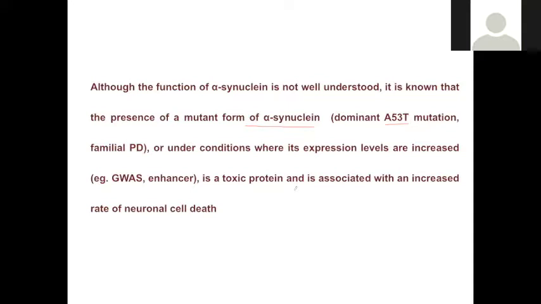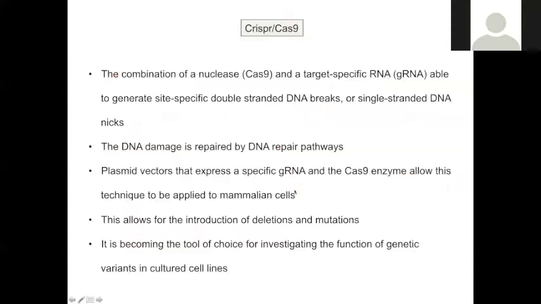So CRISPR, together with induced pluripotent stem cells, are providing biologists and geneticists with the opportunity to study, under much more realistic conditions, interaction between mutations under defined culture conditions and their effect on cellular phenotype. Of course, it also provides an opportunity for the testing of drugs that may modify the phenotype of a neuron, for example, from Alzheimer's disease or from Parkinson's disease.